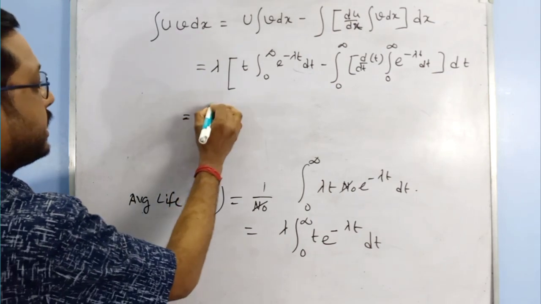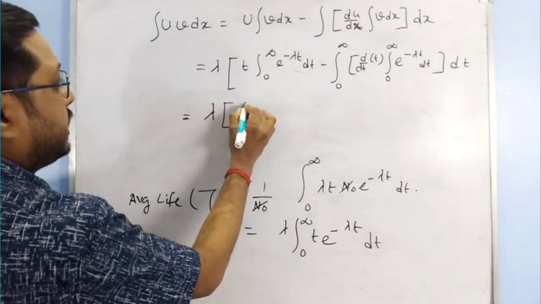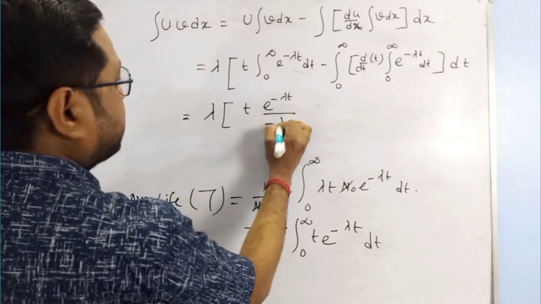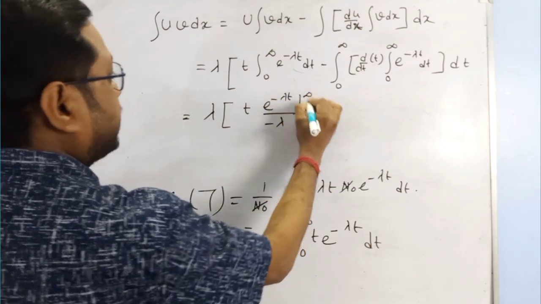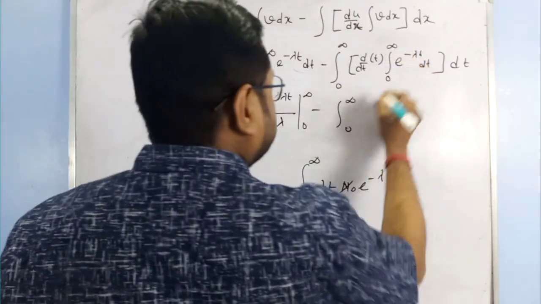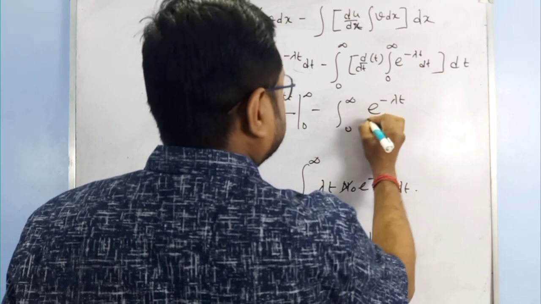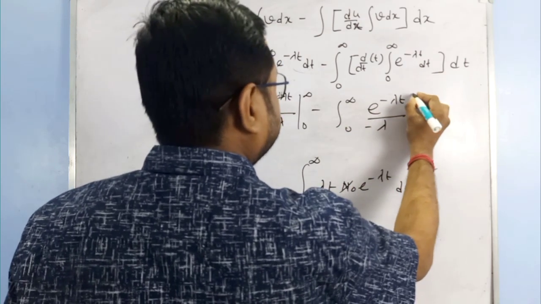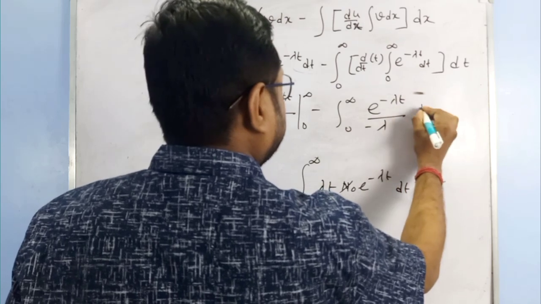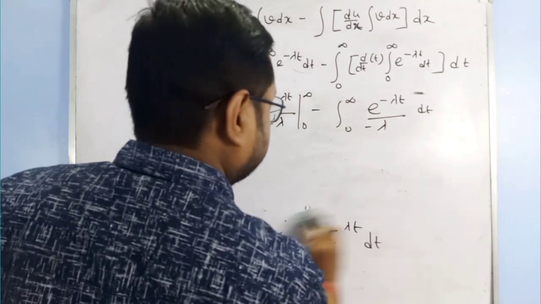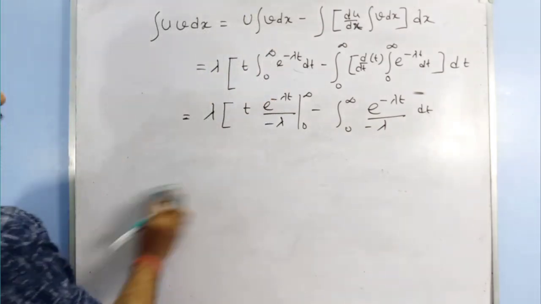So we get lambda, t times the integral of e to the power minus lambda t, which is e to the power minus lambda t divided by minus lambda, from 0 to infinity, minus the integral from 0 to infinity of d/dt of t, which is 1, times the integral of e to the power minus lambda t, which is minus e to the power minus lambda t divided by minus lambda, dt.